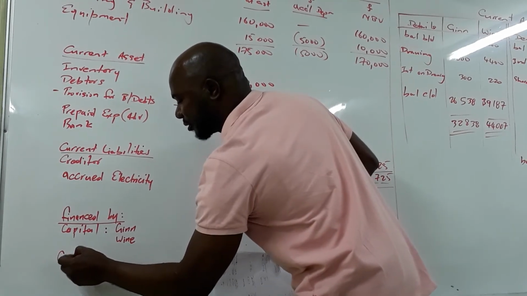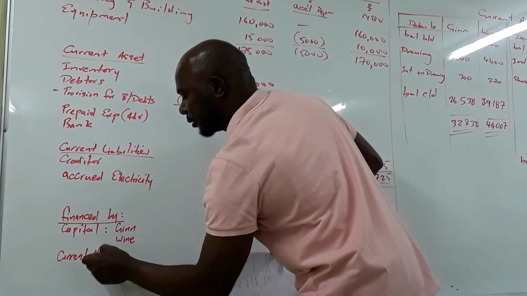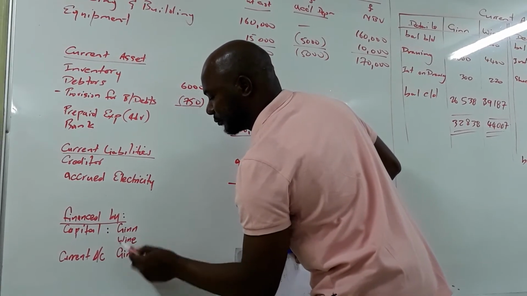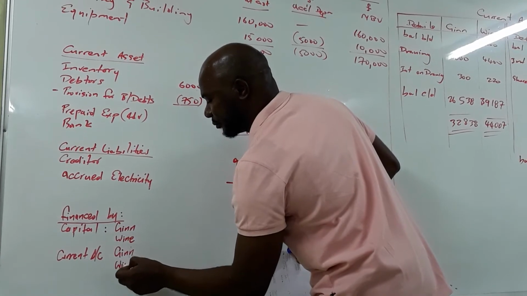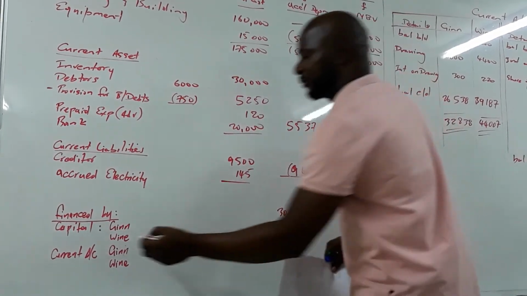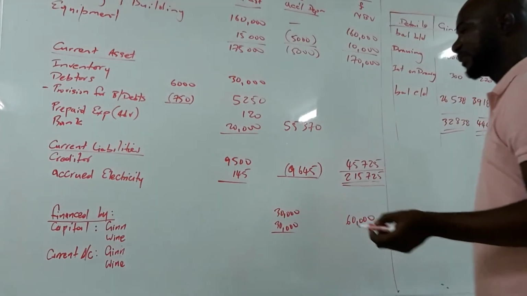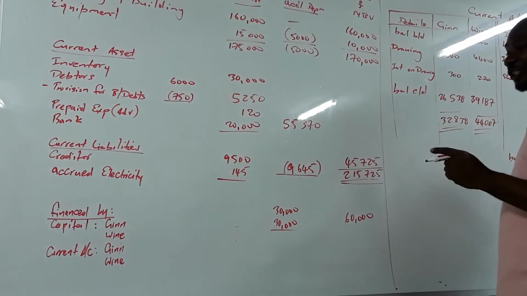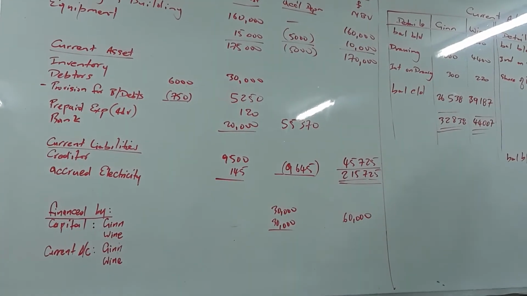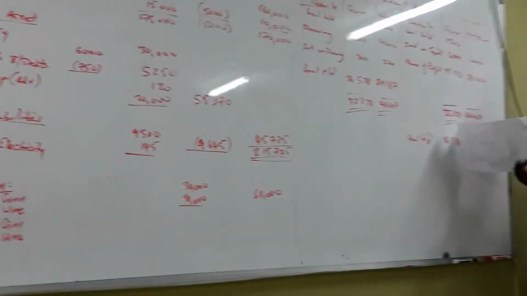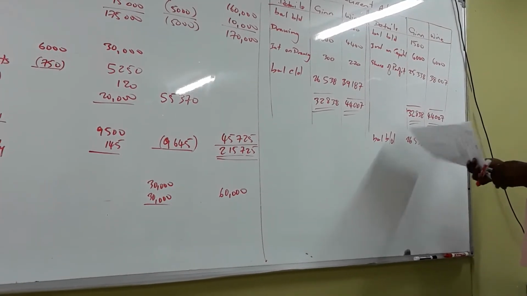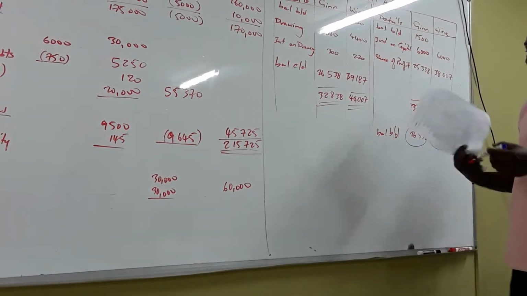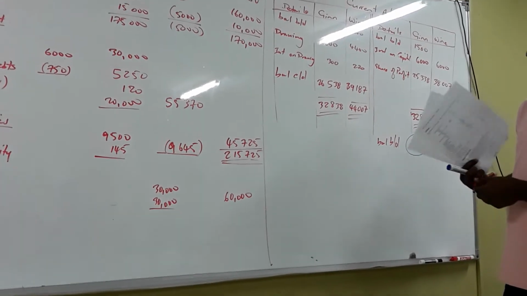Now what about the current account? So you have Gin and Wine. Bear in mind, the current account balance that is transferred to your balance sheet is the closing balance on the current account, your balance at the end of the year.